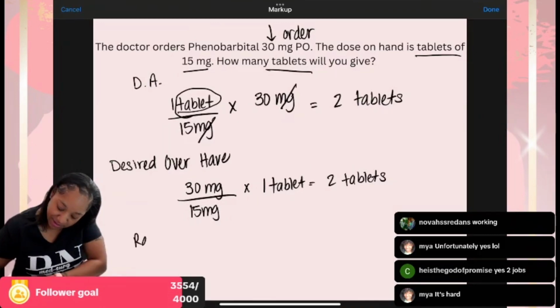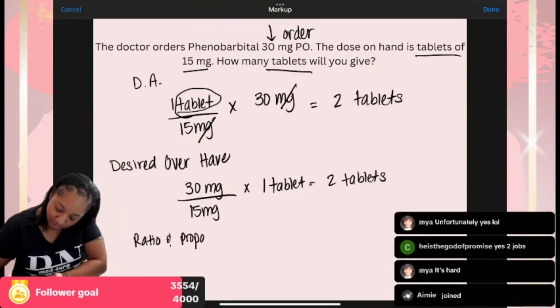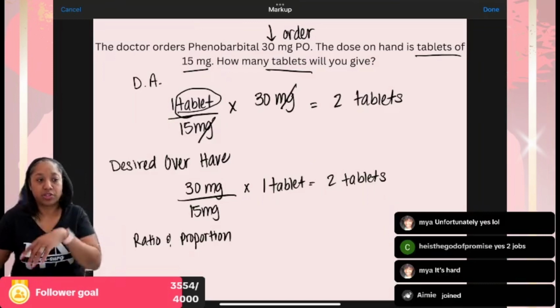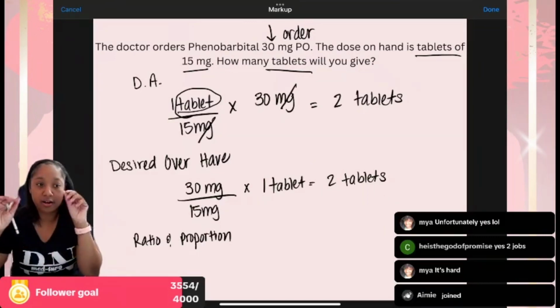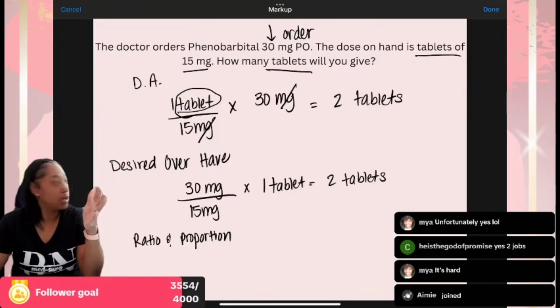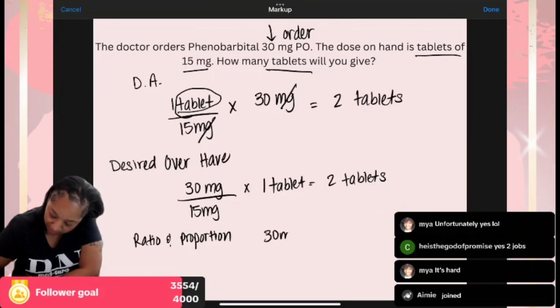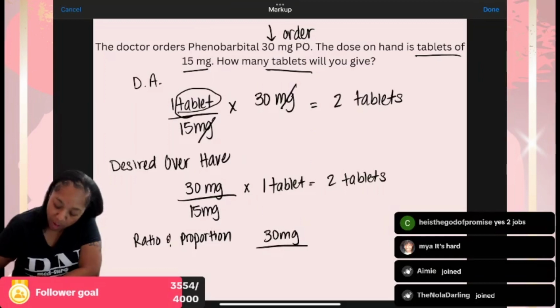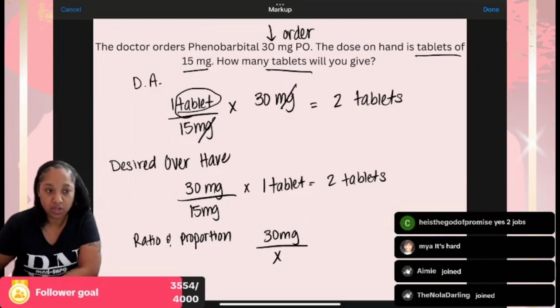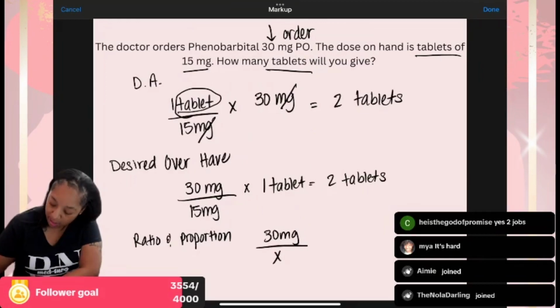All right, ratio and proportion. Okay, so with ratio and proportion, we know that our units need to match up on both sides of the equal sign, because one side has to equal the other. Alrighty, so if we're looking for 30 milligrams, we don't know how many tablets. So the tablets is going at the bottom.